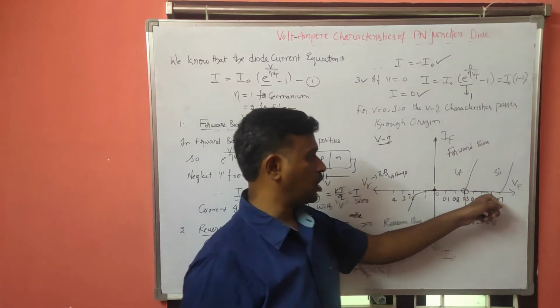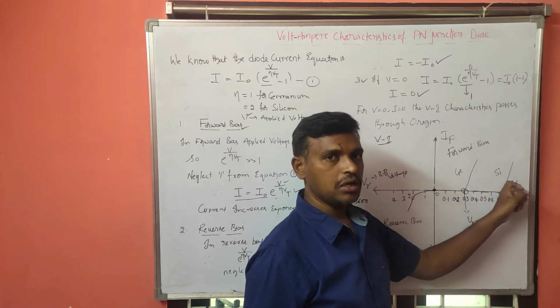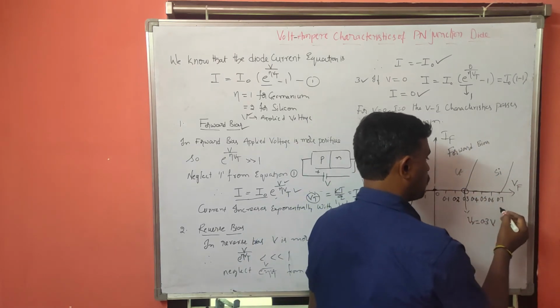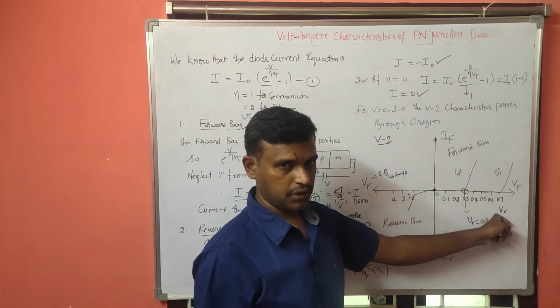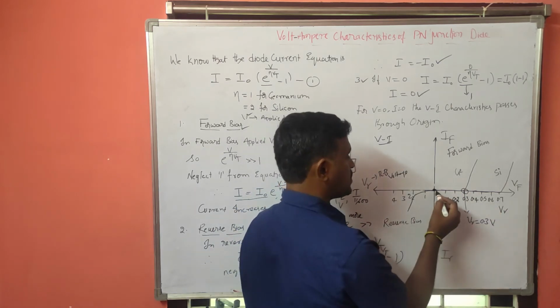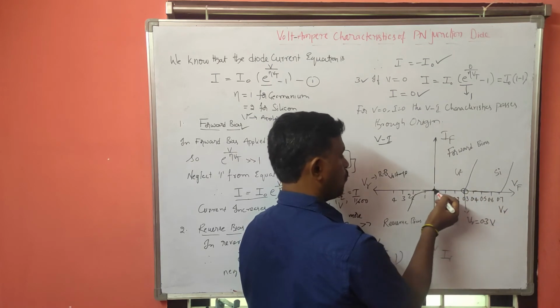So that's what I have drawn here: at 0.7 volts for silicon the current increases exponentially, and that voltage is called V gamma. So that is V gamma for the diode forward bias characteristics. And at V is equal to 0 we got I is equal to 0, so the curve passes through the origin.